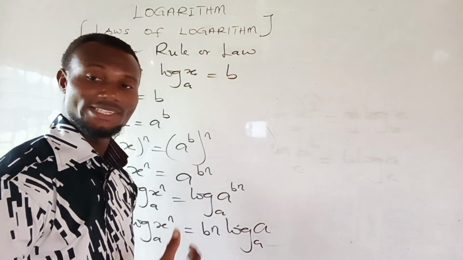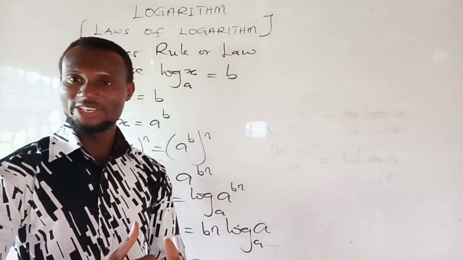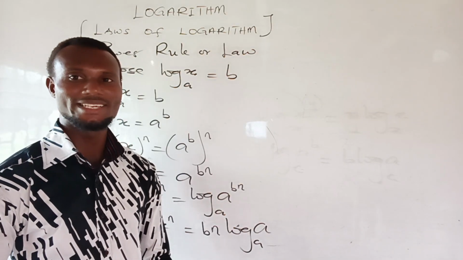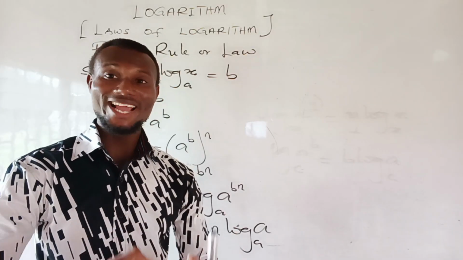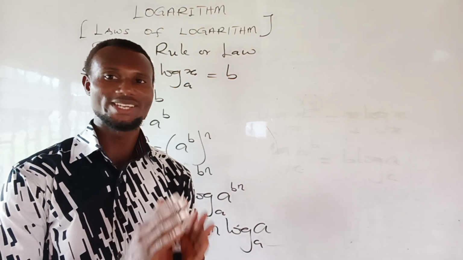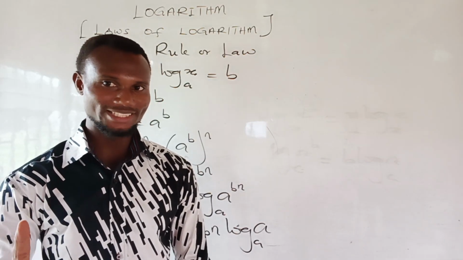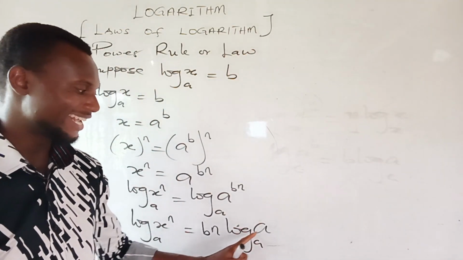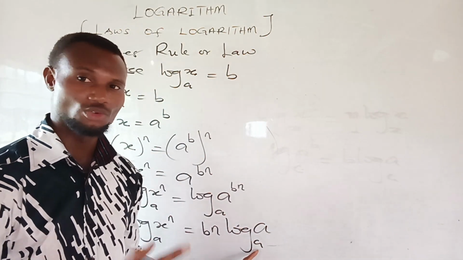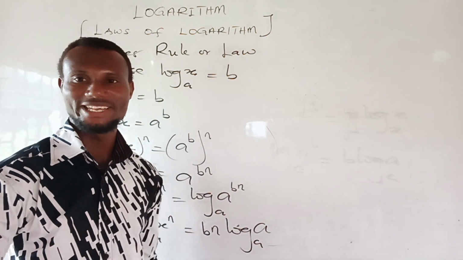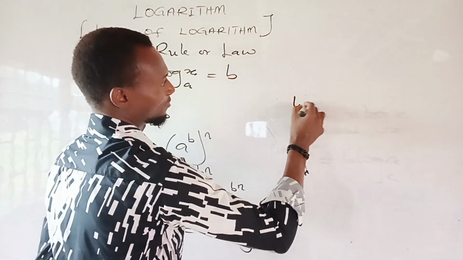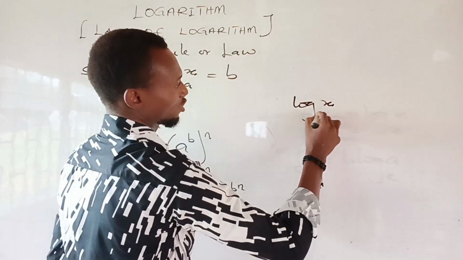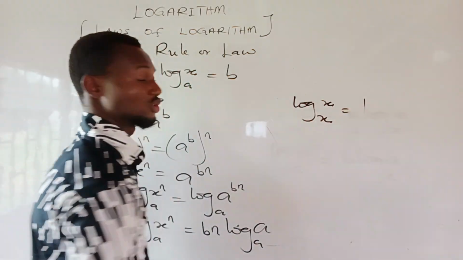There's another property also that I established in the previous video. I said that the log of any number to the base of that same number is always equal to 1. So don't forget that. Having log a to the base a here, you should know that that will be represented by 1, because we've established that when I have, let's say, log s to the base s, it should be equal to 1.